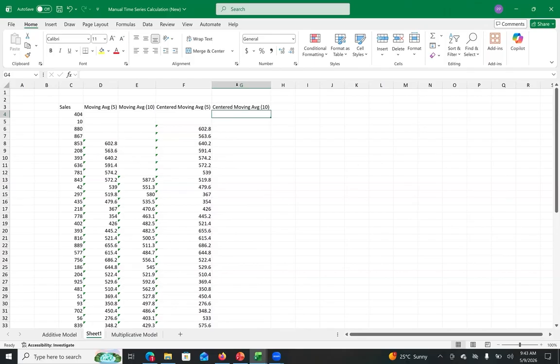If it is 9, then 4 in the past, 4 in the future, 1 in the center. But if it is an even value, for example 10, then you would have to take either 4 values in the past, 5 values in the future, or maybe 5 values in the past, 4 values in the future.